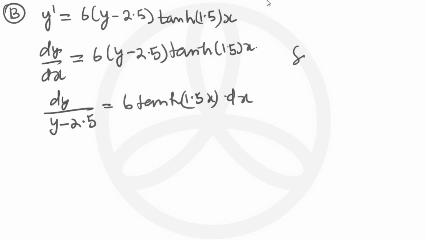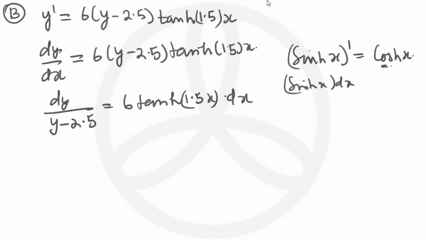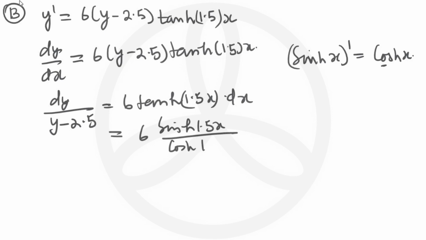Now we know the derivative of sinh x is cosh x. But here we can write tanh as sinh of 1.5x divided by cosh of 1.5x dx.